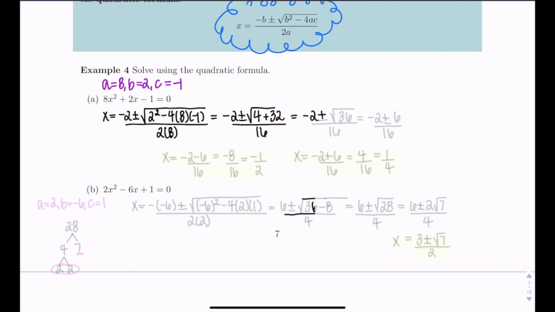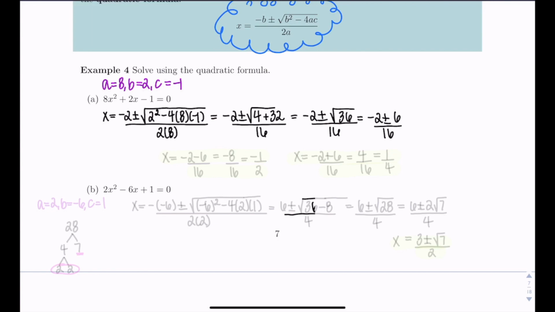Simplify the inside of the radical a little bit. We have the square root of 36 all over 16. Well, the square root of 36 is a perfect square of 6. So we have -2 plus or minus 6 all over 16.